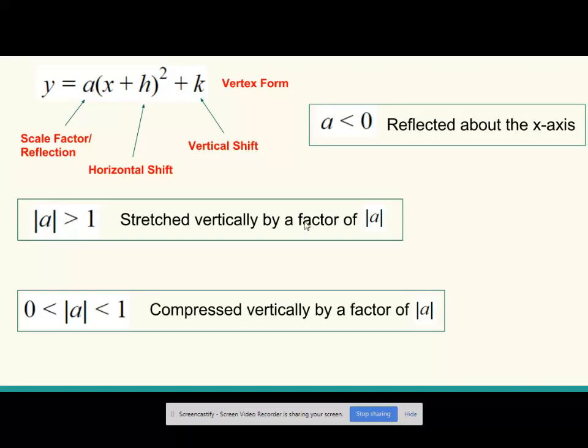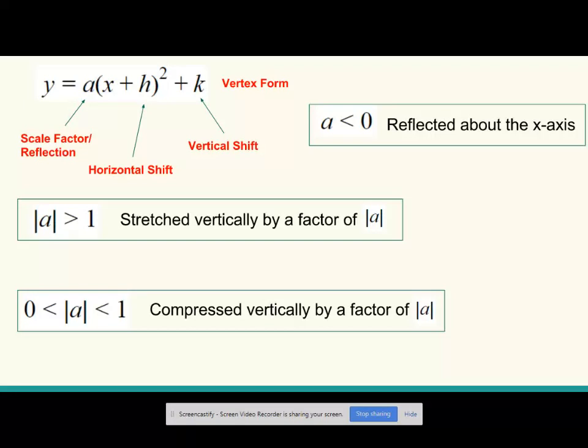It's going to look like a really skinny U. If A is between 0 and 1, a decimal or some fraction, it's going to be compressed vertically. When we say compressed, we're making it into a really flat U. It's going to be kind of elongated and really flat.